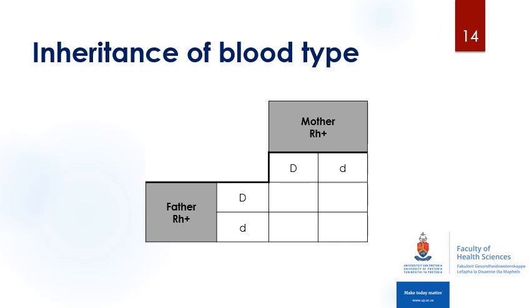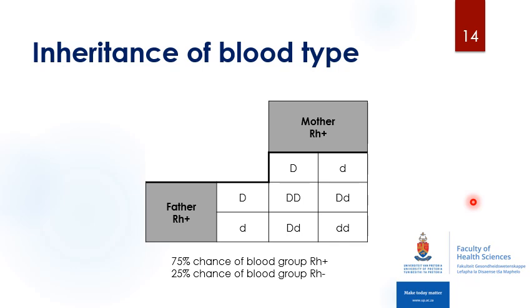And then lastly, we have an example of a mother that's rhesus factor positive and a father that's rhesus factor positive, but they both carry the recessive phenotype. So in this example, you will have a 75% chance of producing a child that's rhesus factor positive and a 25% chance of producing a child that's rhesus factor negative.